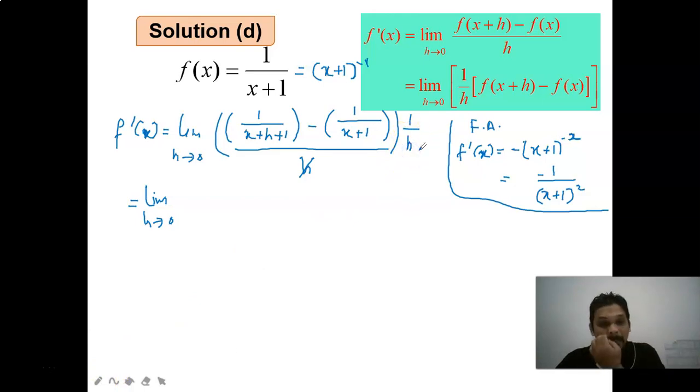Now, to simplify between these two, 1 divided by x plus h plus 1 minus 1 divided by x plus 1, we multiply between these two denominators, so x plus h plus 1 multiplied with x plus 1.